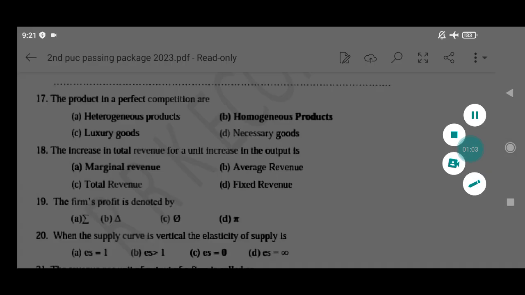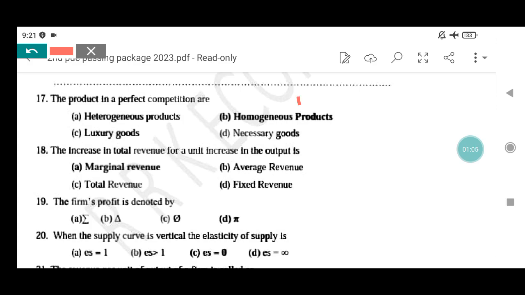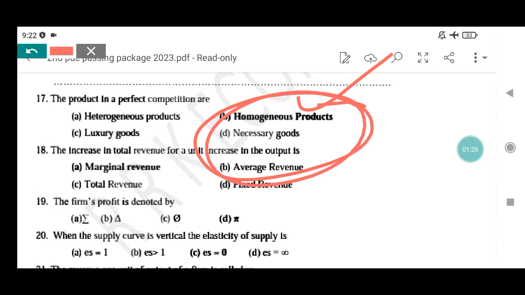In a competitive market, products are always similar because the competitors sell at the same price and the same quantity, so that the customer is able to buy from any seller. So in a perfect competition it is always homogeneous, not heterogeneous.